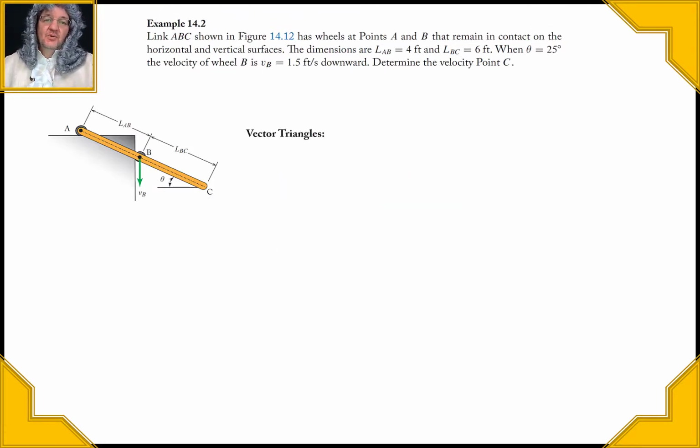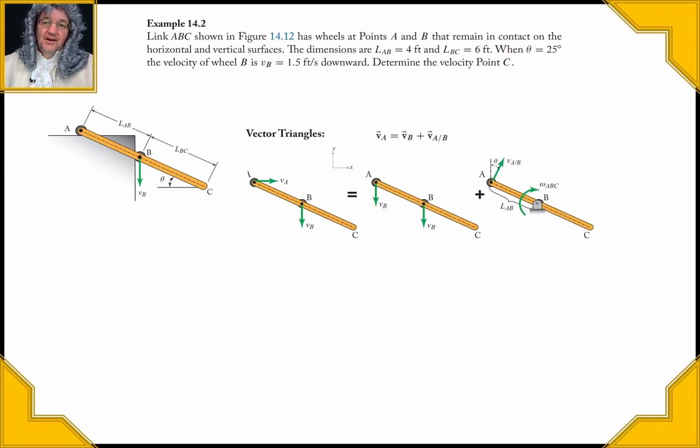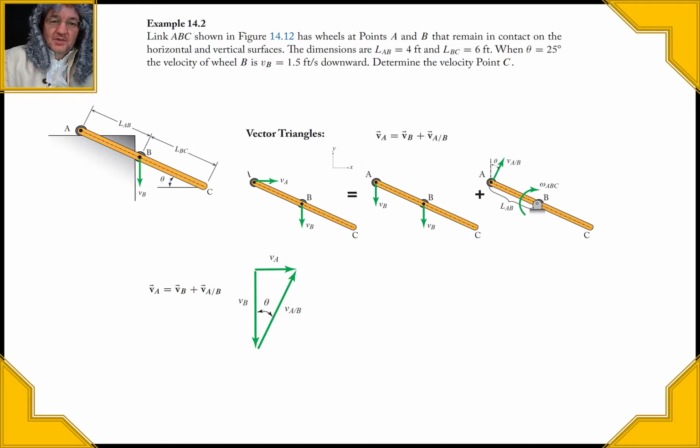Now, lastly, we use vector triangles, velocity triangles. Here I write out the diagram again, but we use the velocity diagram of point A this time. So this is the known guy right here. We want to find this one. We don't know the magnitude of VA with respect to B, but we do know the angle.